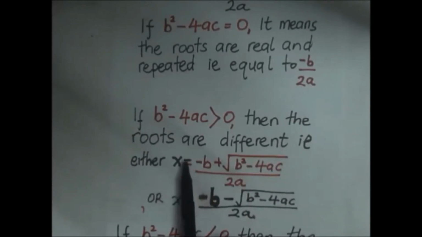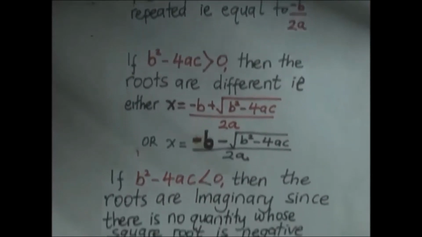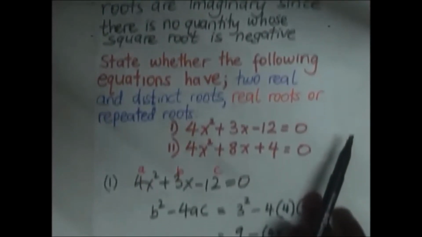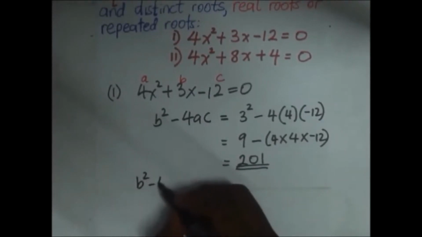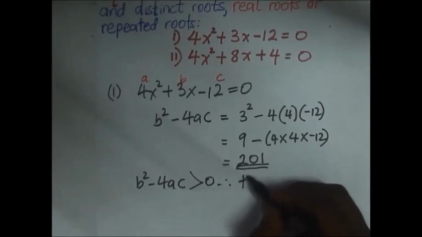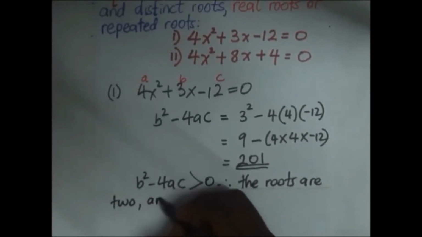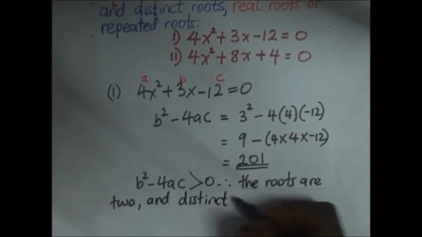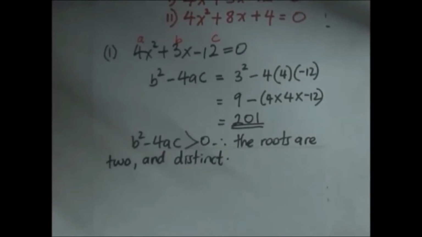It means that the roots are two and they are different. So we shall conclude by saying that b squared minus 4ac is greater than 0. Therefore, there are two real roots that are distinct.